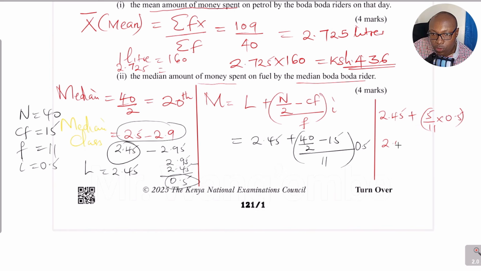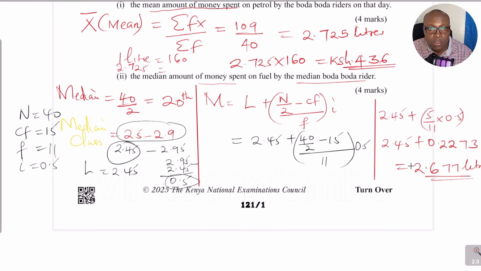So 5 divided by 11 times 0.5 is 0.2273. When you add this to 2.45, you get 2.677 liters.